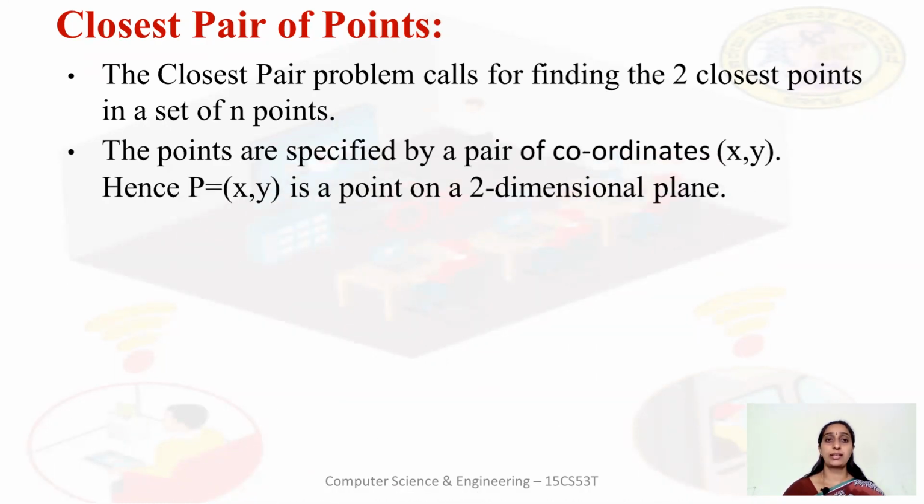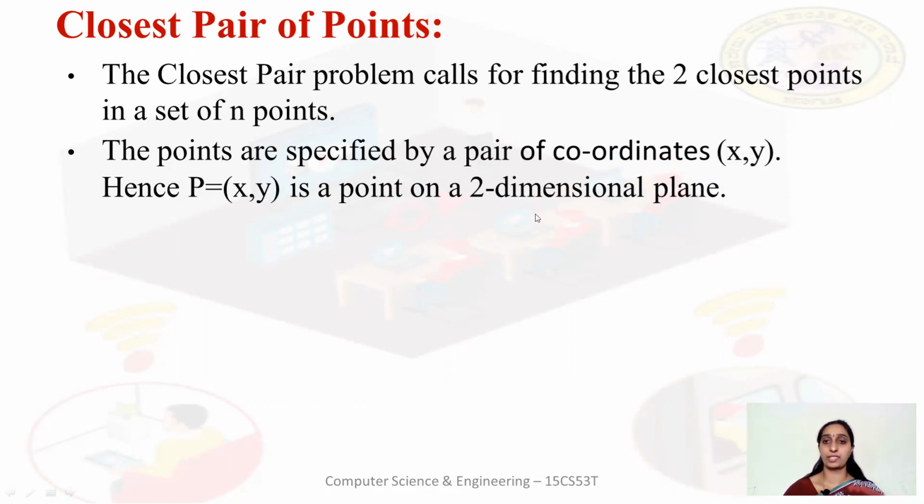The points are specified by a pair of coordinates x, y. Since the points are represented on a 2-dimensional plane, we need to represent the points with x coordinate and the y coordinate, that is, by using the 2 coordinates, x and y coordinate.